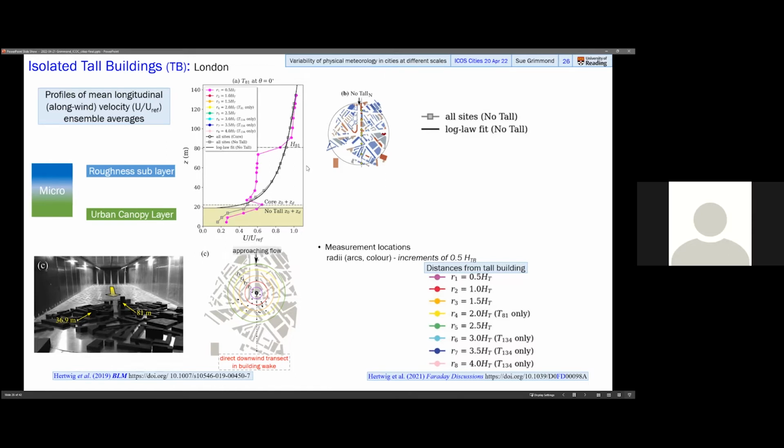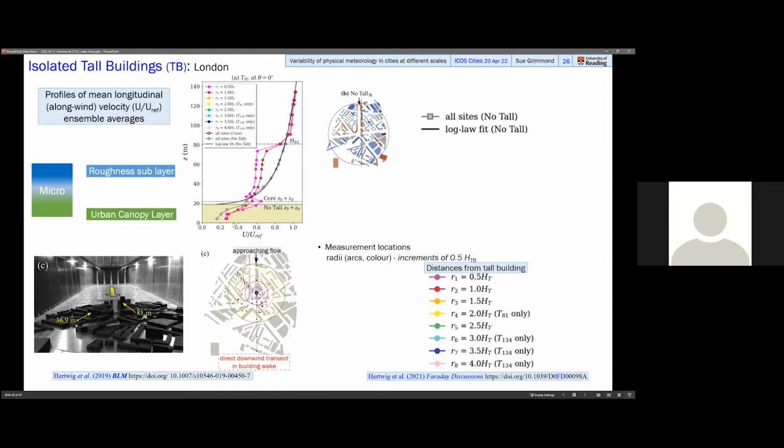So once we add the tall building in, we're looking at measurements that are within half the height of the tall building. We can see that there's a massive change in the wind profile.